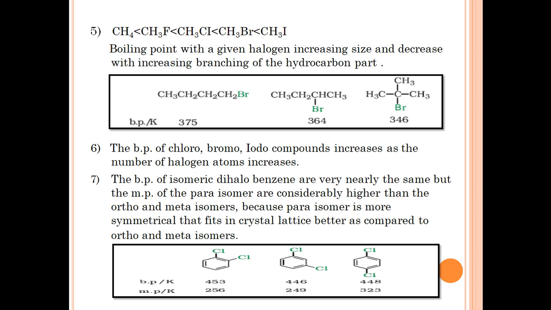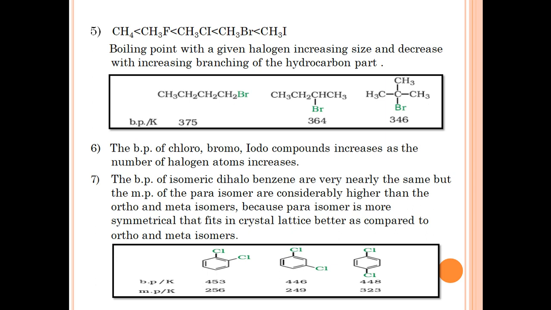And if we see the para derivative, that is 1,4-dichlorobenzene, its boiling point is 448 Kelvin and its melting point is 323 Kelvin.